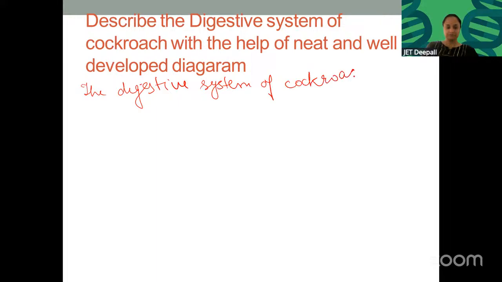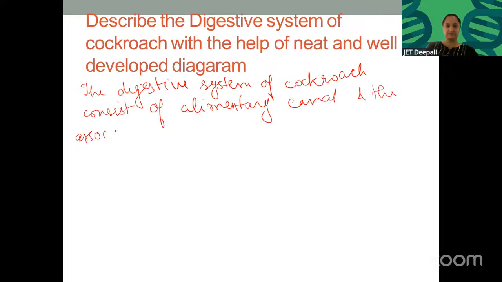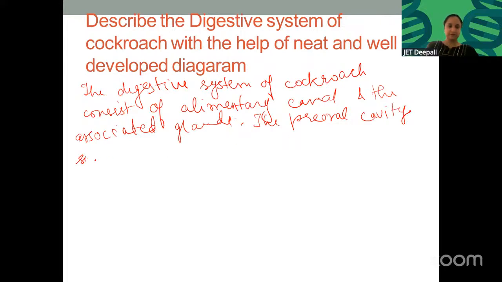Cockroach consists of the alimentary canal and the associated glands. The pre-oral cavity is surrounded by mouth parts.